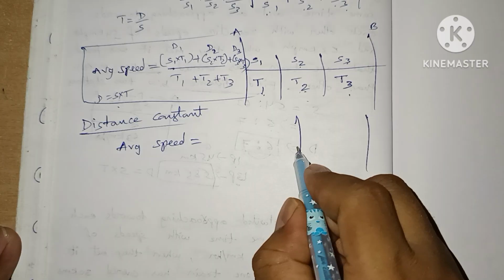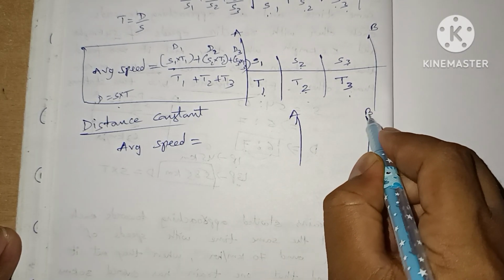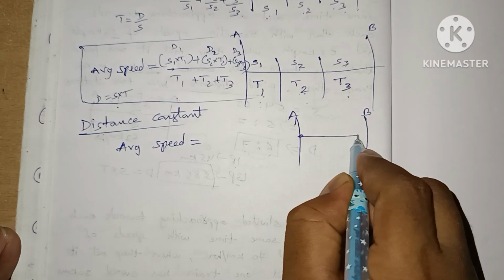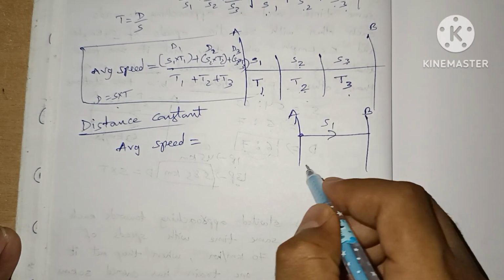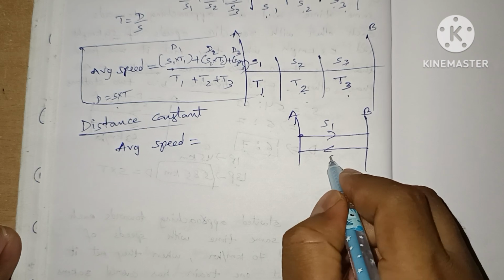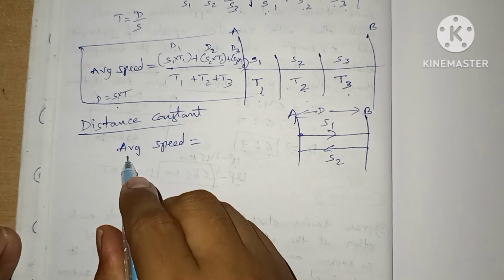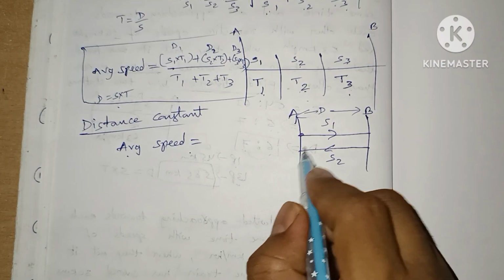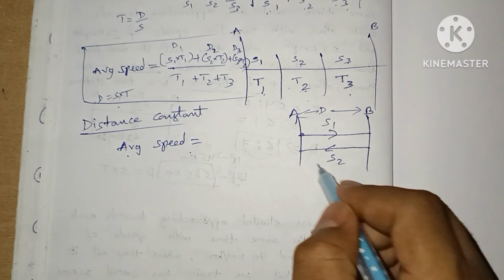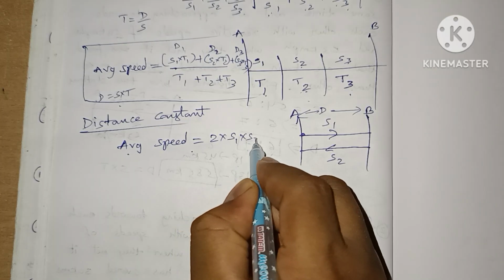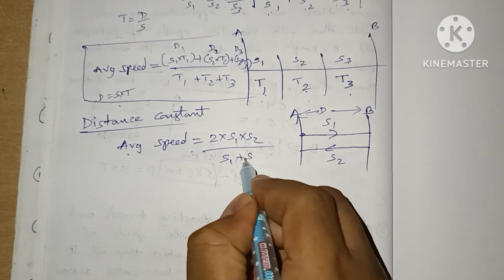If a bike travels from A to B with a speed of S1 and returns with a speed of S2, and we are asked about the average speed between these S1 and S2, it is 2 into S1 into S2 by S1 plus S2.